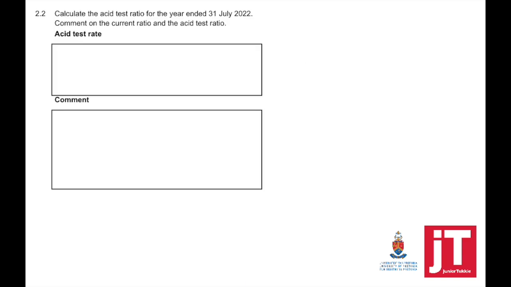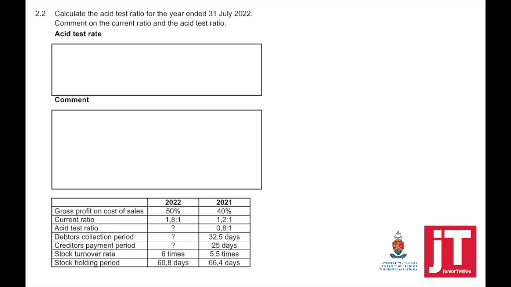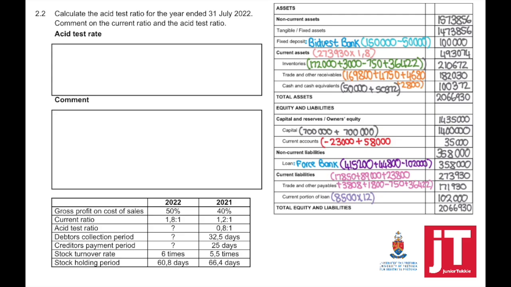Looking now at the financial indicators and the commenting, the next part of this question. 2.2. Calculate the assets ratio for the year ended 31 July 2022. Comment on the current ratio and the assets ratio. So we need to use the amounts that we've calculated in the statement of financial position.